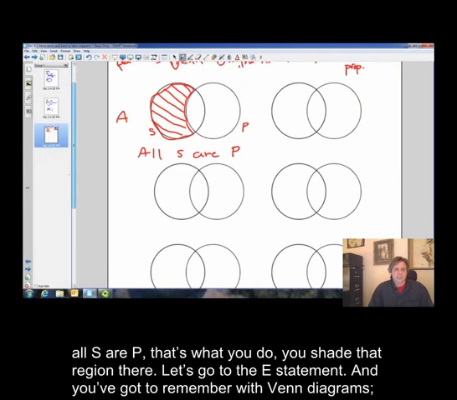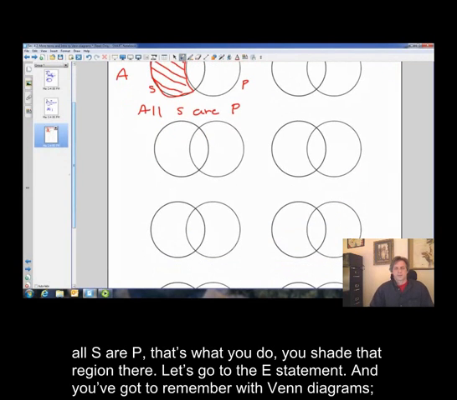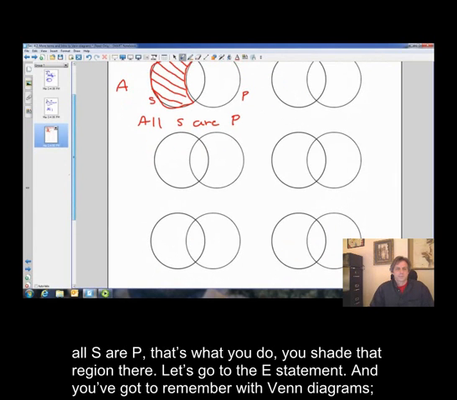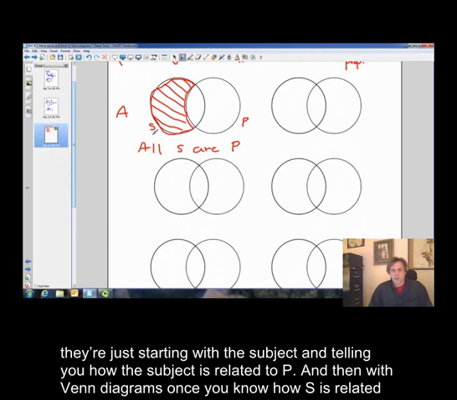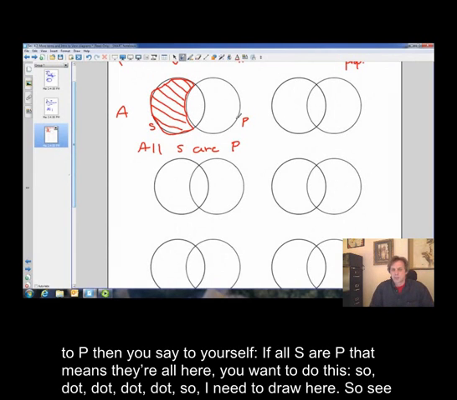Okay, let's go to the E statement. You have to remember with Venn diagrams, they're starting with the subject and telling you how the subject is related to P. And then with Venn diagrams, once you know how S is related to P, you say to yourself, okay, if all S are P, that means they're all here.